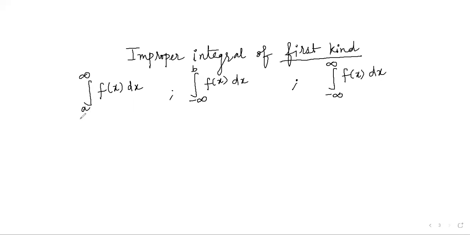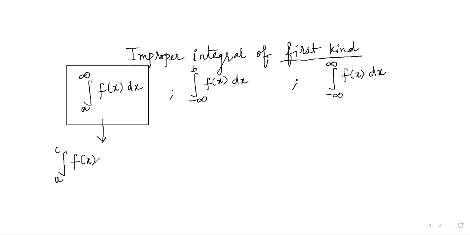If we have to check whether this integral, within the limits a to infinity, is convergent or not, then we will first evaluate this integral with the lower limit a and the upper limit c, a definite integral.